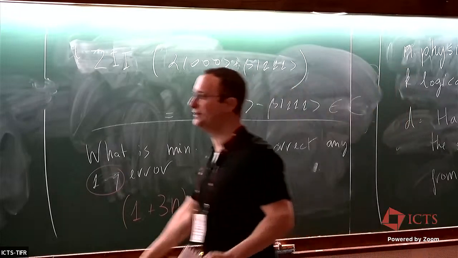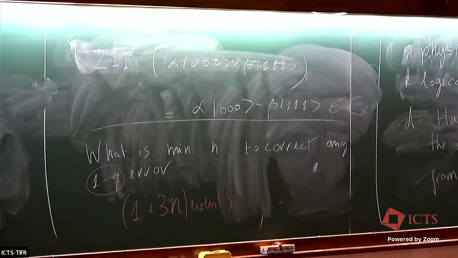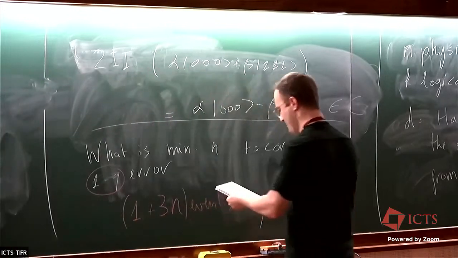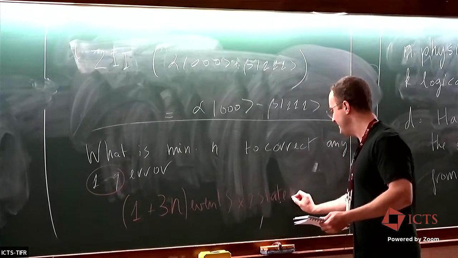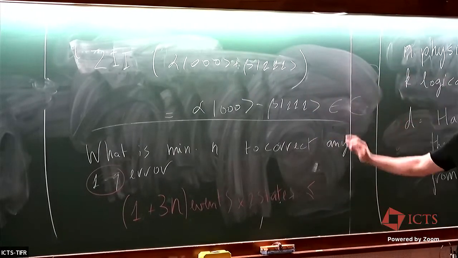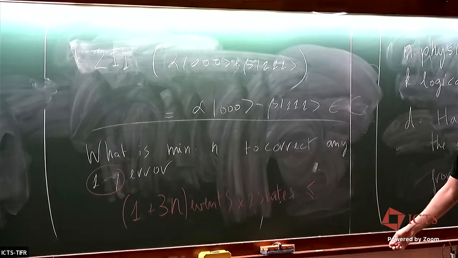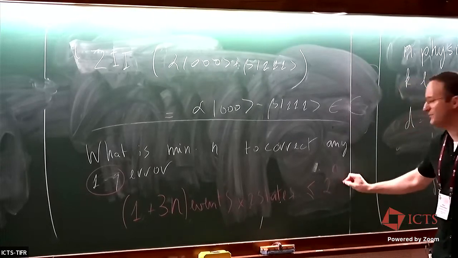For each one of these errors, I need a 2-dimensional subspace, so I need 2 states per event. And I need to house all of these states within n qubits. How many states do I have with n qubits? 2 to the n.